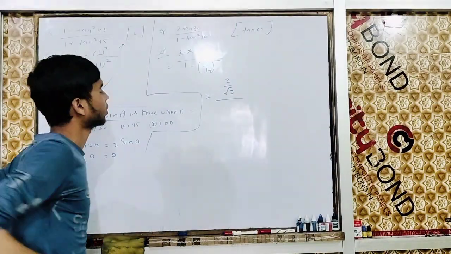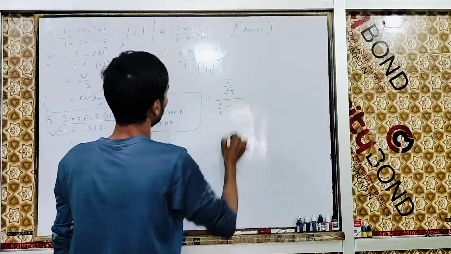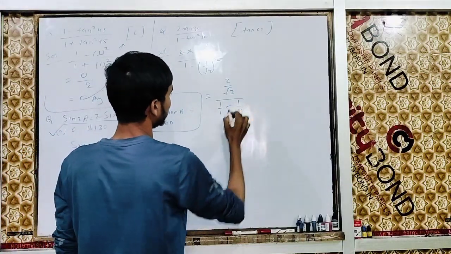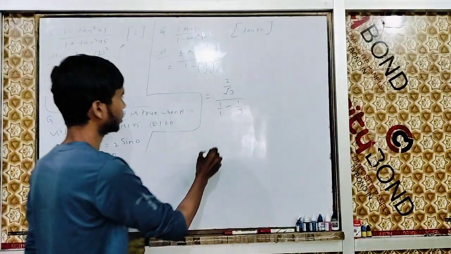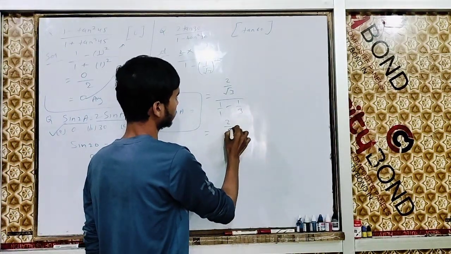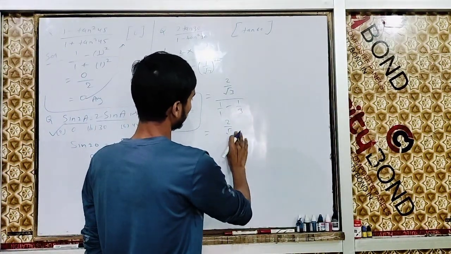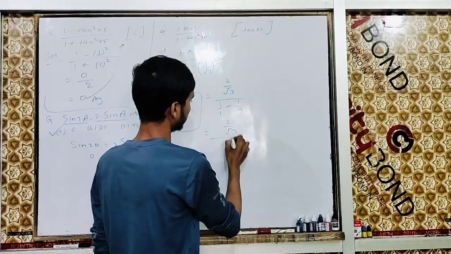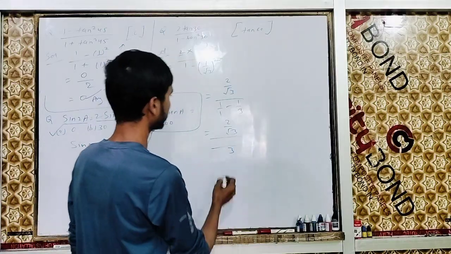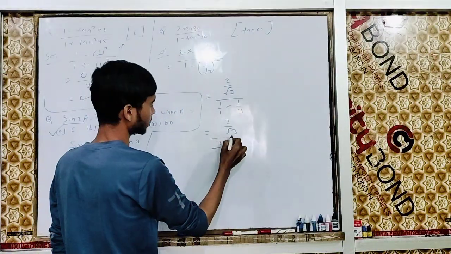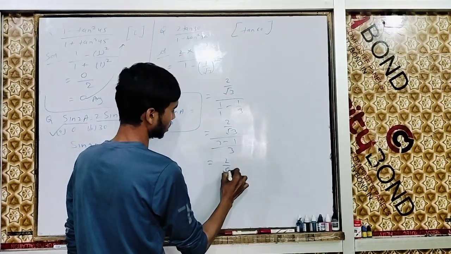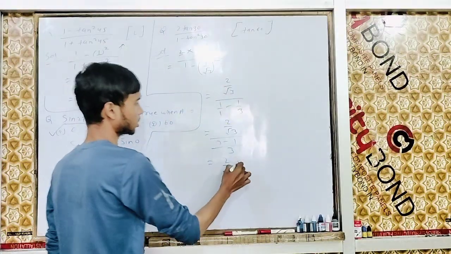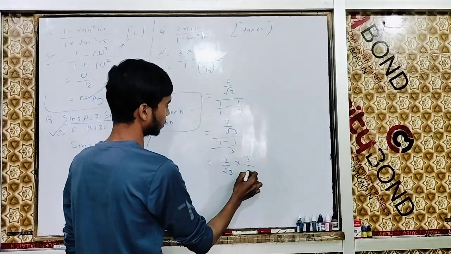Now next, 1 minus 1 upon this will become 3. This is clear. 2 upon root 3, 2 upon root 3, and then 3 minus 1. Then 2 upon root 3, this will go upward and this will come downward.